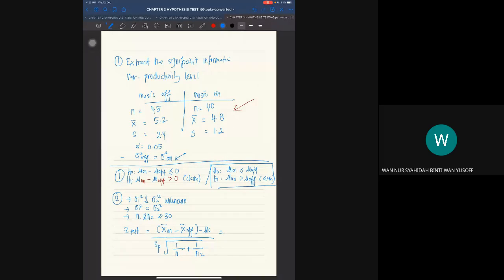What should you get? The Z test. If you already calculated, anyone?